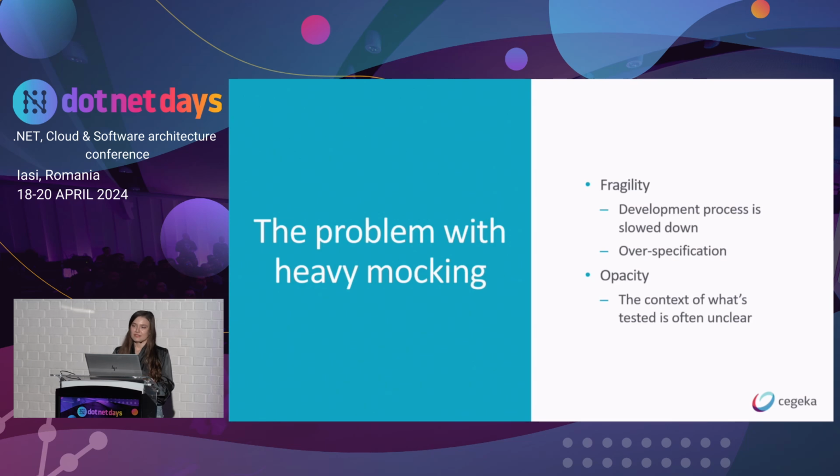Then there's a second downside of heavy mocking, and that's opacity. Coming back to the refactoring scenario, you did some refactoring, everything is fine, yet some tests fail. So you dive into one. You dive into it, but you don't understand what precisely is being tested there.